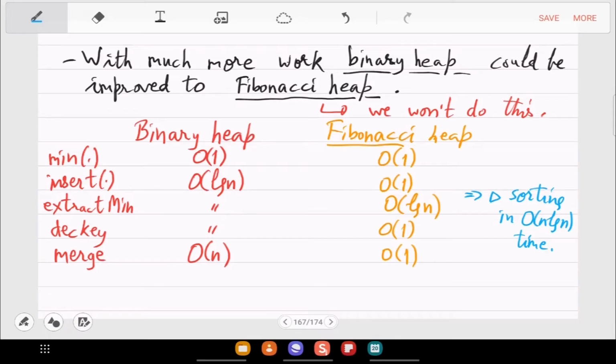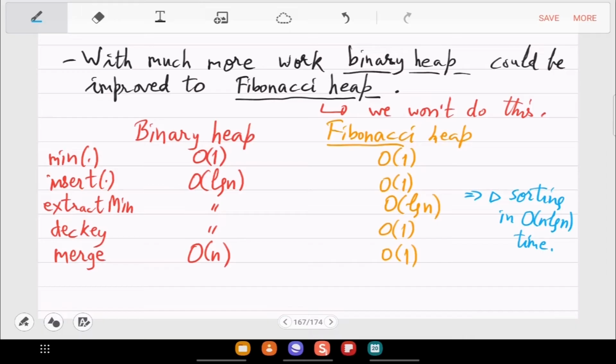So Fibonacci heap works differently. It will not only use this complete binary tree, but it will actually use linked lists also. It will have pointers, so that merge, especially, is constant time. You don't have to look at every element to merge. So it's a different construction altogether. We will not do this in this course.